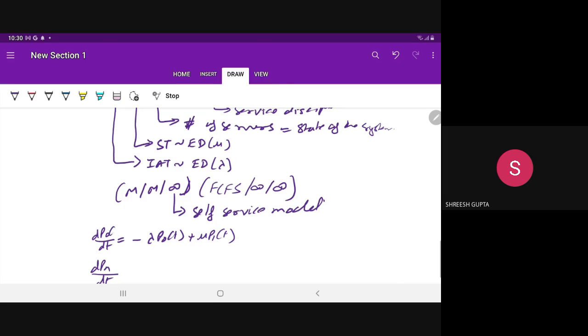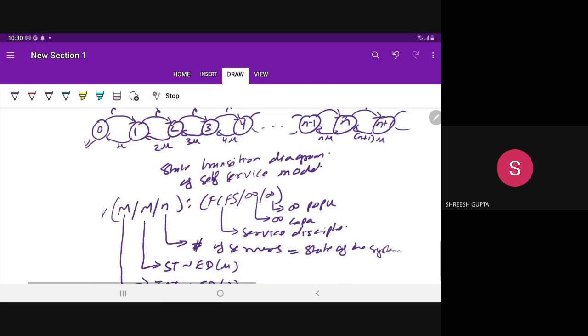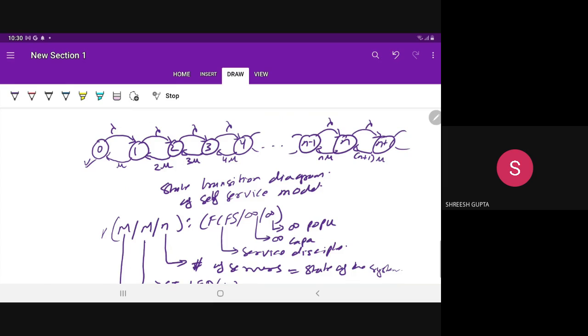Now for the nth node, why are we writing the nth node? Every node has the same type of characteristic.